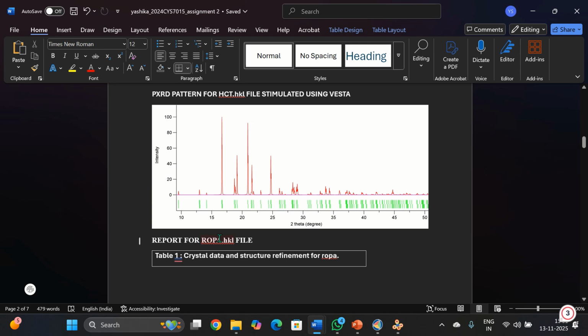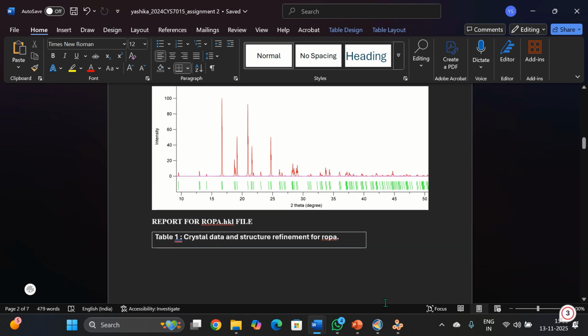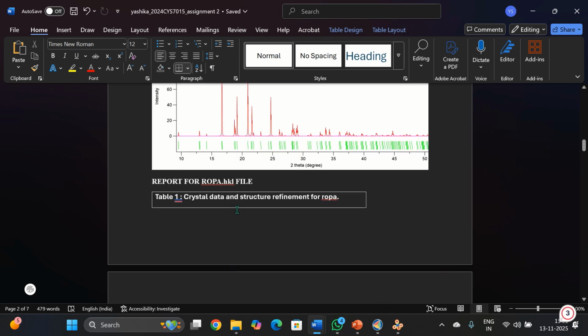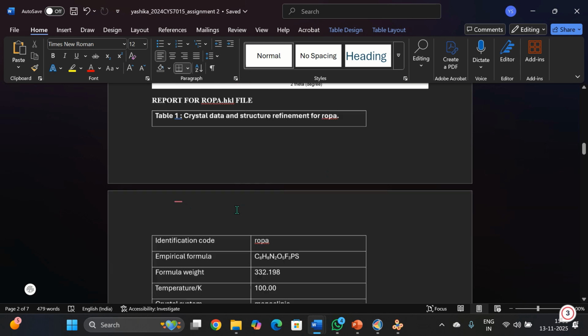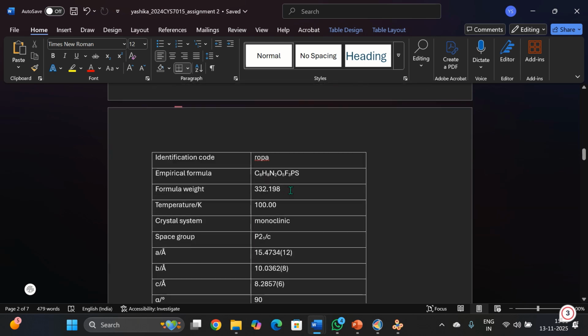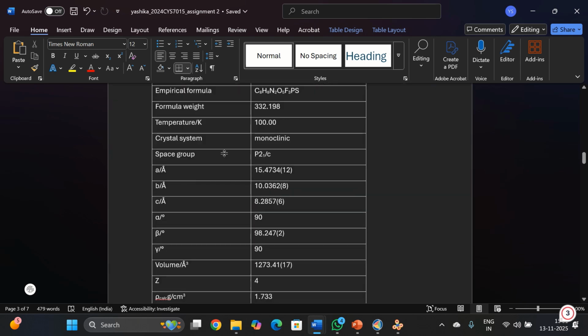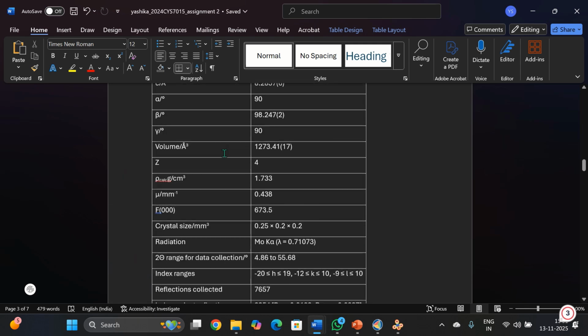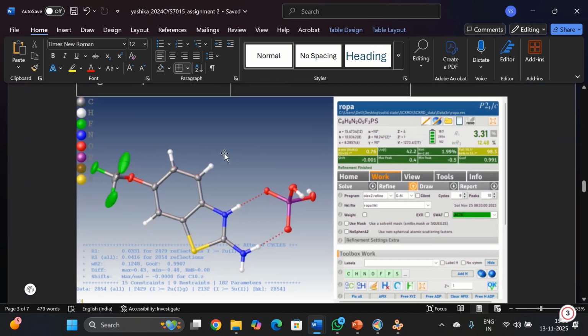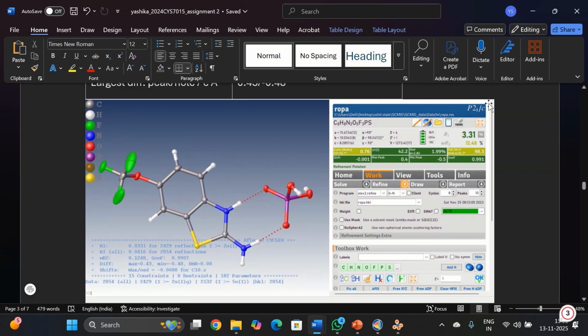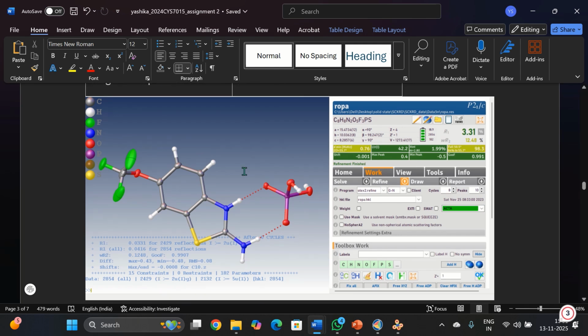Similarly, in the exact same way, other crystal systems were solved for other files like the ropa HKL. The empirical formula has been reported and other information has been reported, and this is the structure as it looked during the solving in Olex.